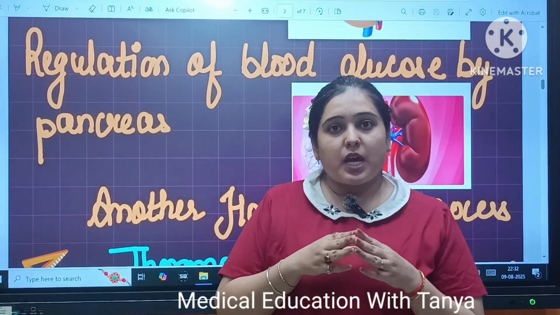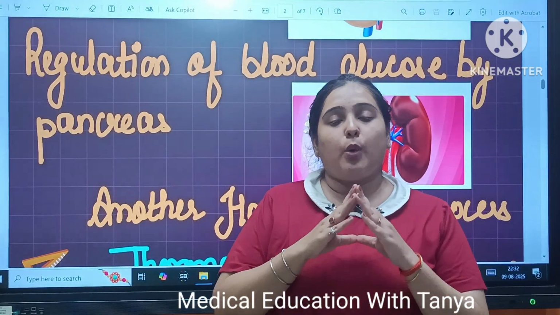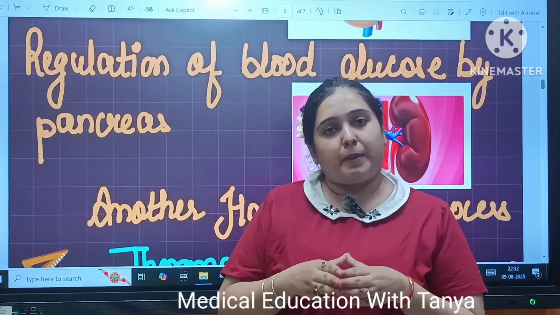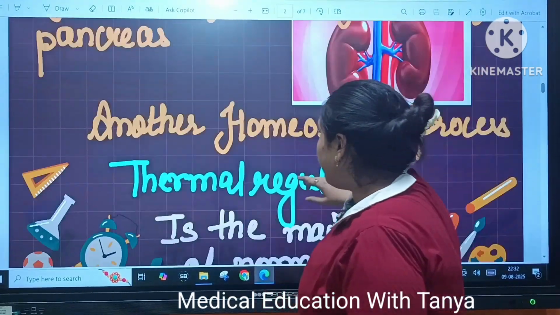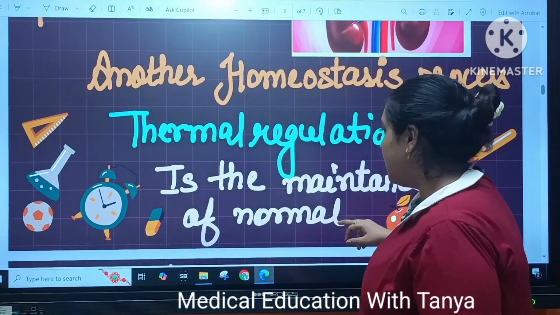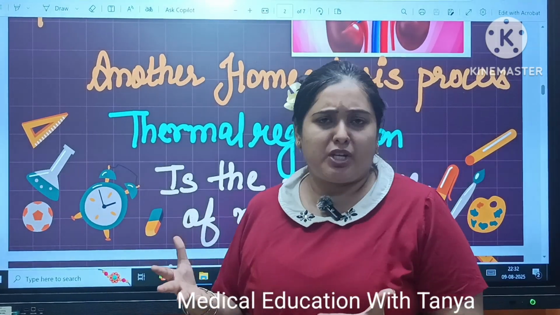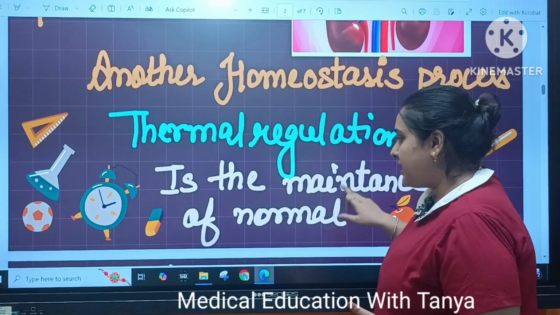Basically the glucose is maintained in our body when insulin is released by the pancreas. Now another example of a homeostasis process is thermal regulation. So basically, how does our body maintain normal temperature? Let's understand with the basic process.